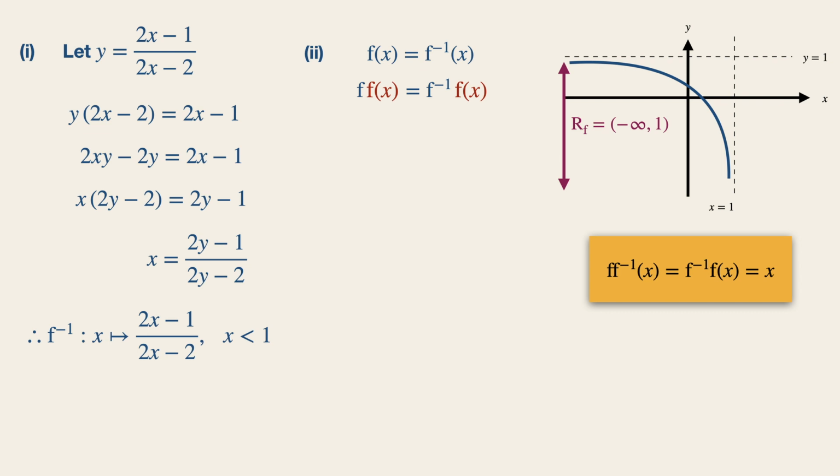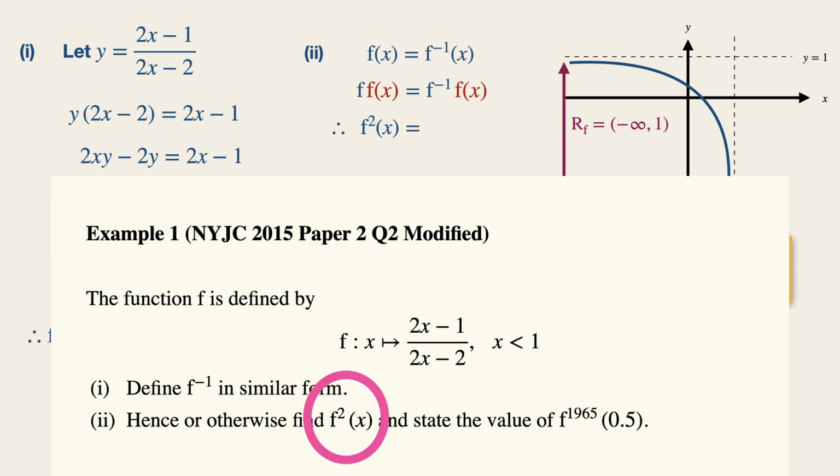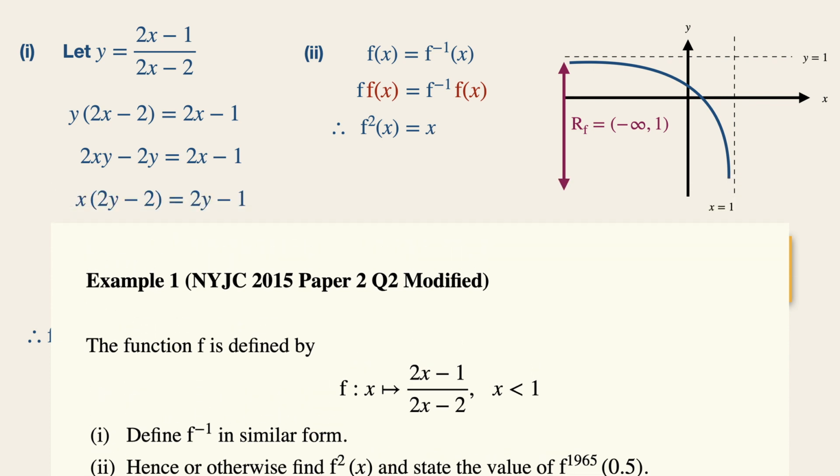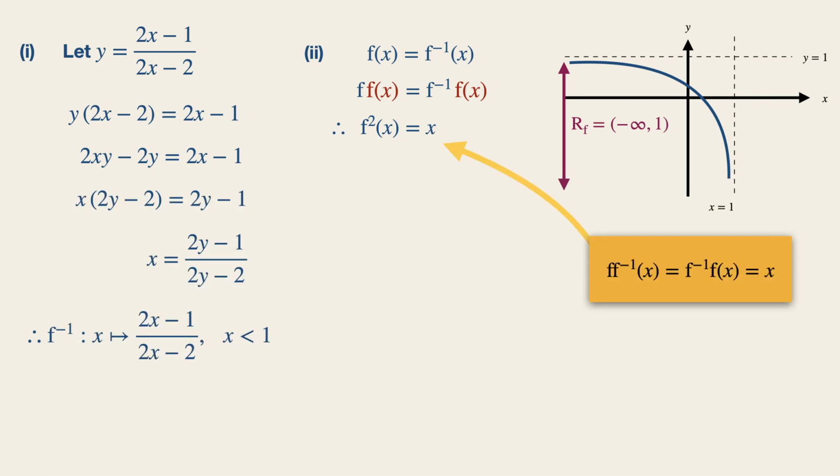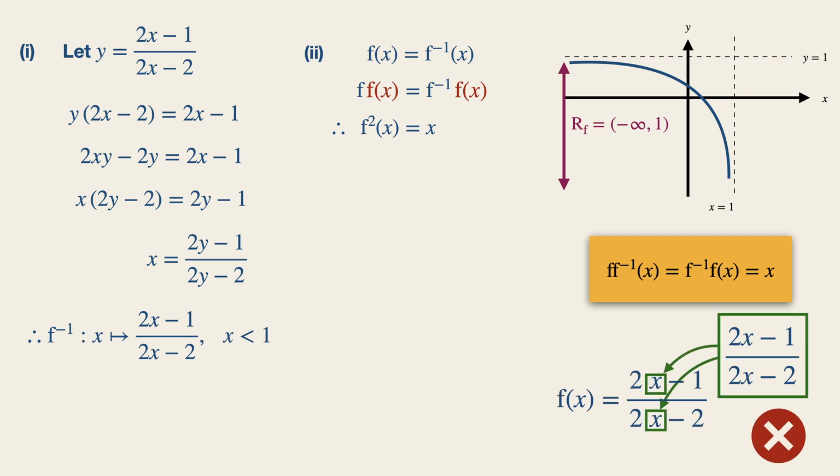The left hand side is f squared x, which is exactly what we want. And the right hand side is simply equivalent to x, based on the rule that we see. Therefore, f to the power of 2 of x is simply equal to x. By doing so, you need not substitute f(x) into f(x), and this wonderfully improves your speed significantly.